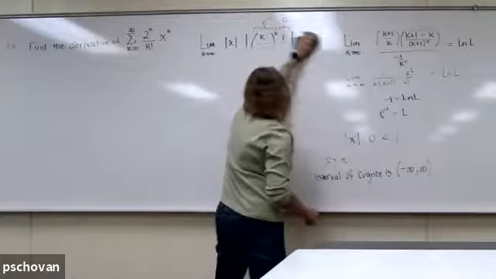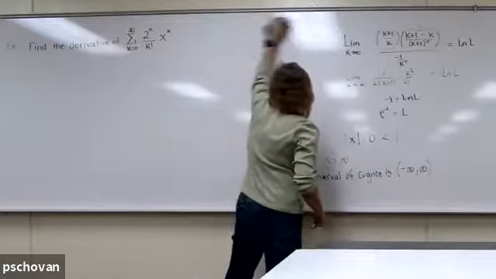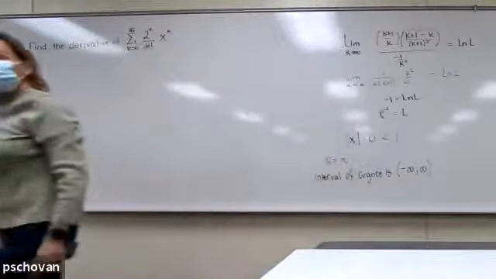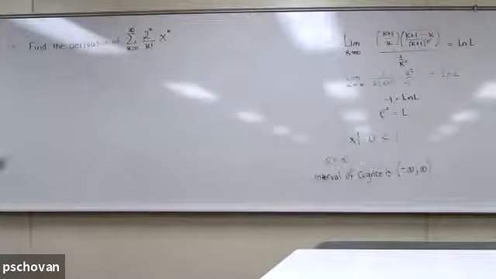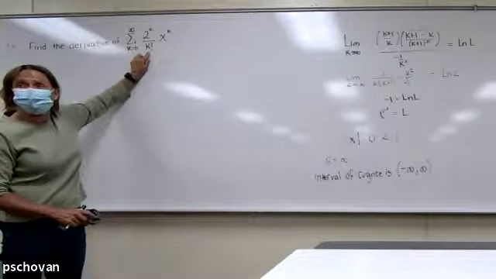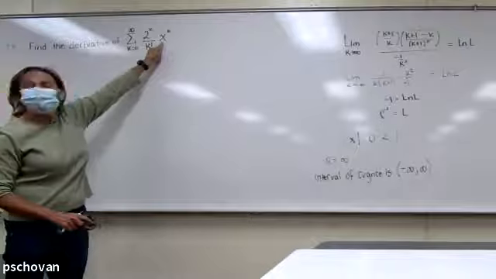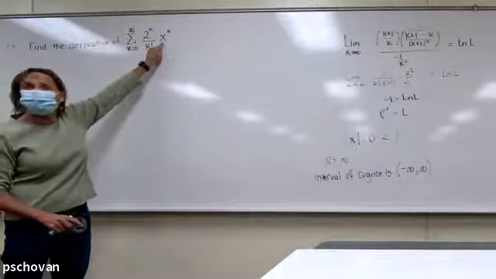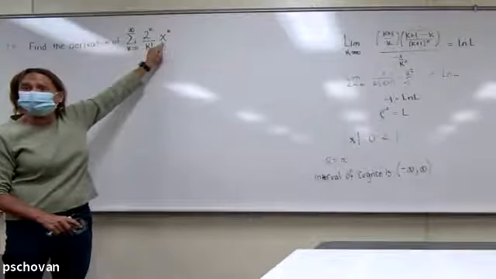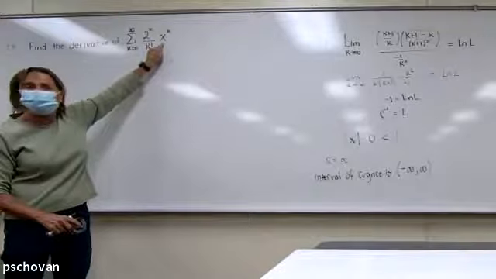It's a quickie. Are you done? For each term, this is a constant. So we're taking the derivative of that, and we get k times x to the k minus 1. Right?